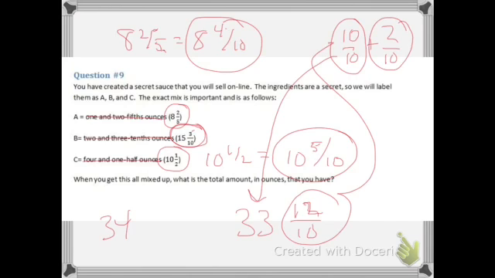And 2/10 should be reduced the same way we came up with exactly the opposite way that we came up with the common denominator. If I divide the top by 2 and the bottom by 2, I get 1/5. Okay, 34 and 1/5. That's what I think the answer is for this question.